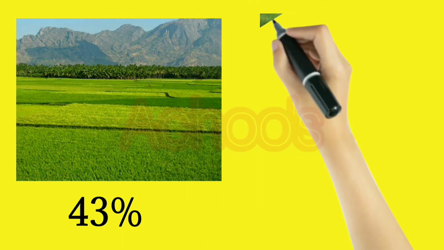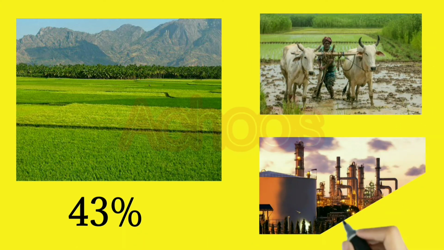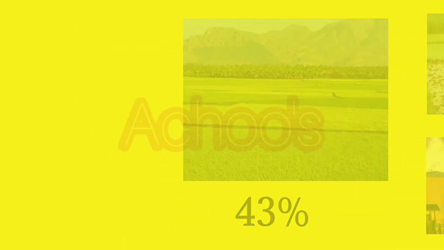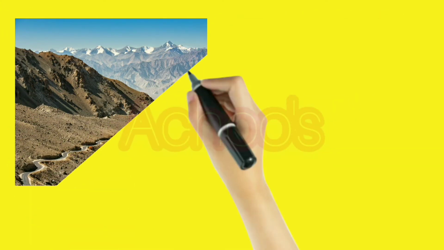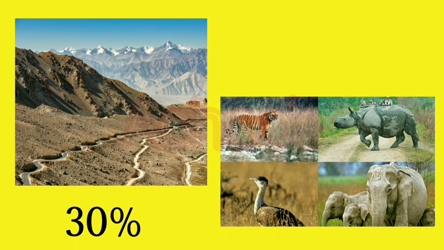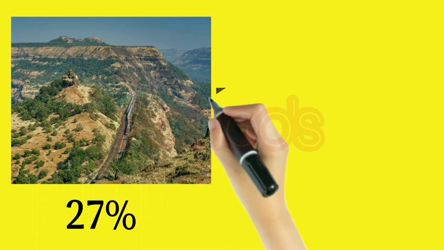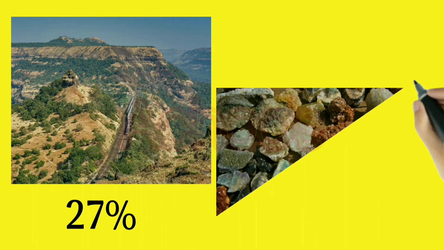And in India, plains cover almost about 43% of the land area, and which is used for agriculture and setting up of industry. And the next is mountain, that covers 30% of the total surface area, and which are the home to a variety of animal and plant species. And the plateau region covers about 27% of the total surface area of the country, and also they are rich in mineral deposits.